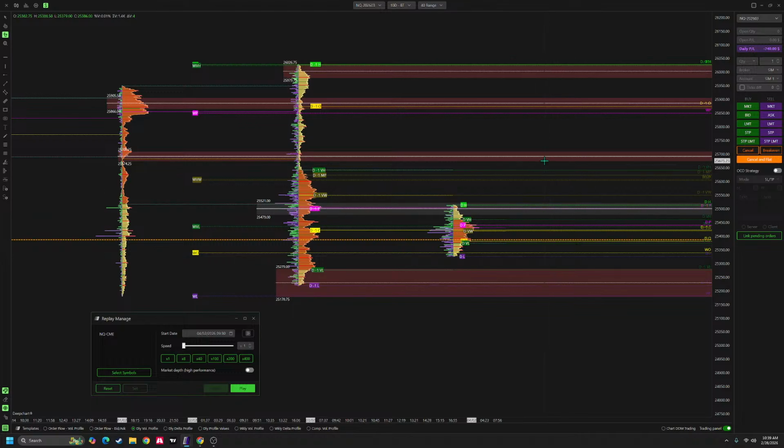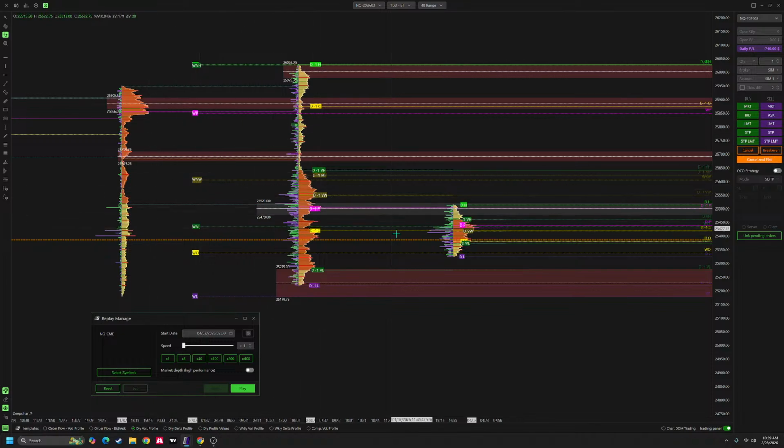So that would be another 2 contract move where we take one off at the point of control and close it out at the bottom here at the value area low the previous day. But I would expect that we're going to test one of these extremes. So my guess is maybe we test the low the previous day before coming back up and repairing.